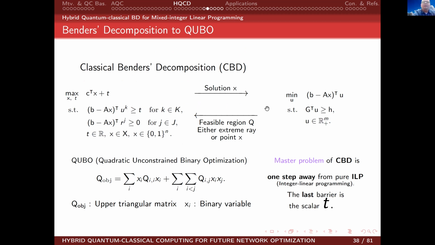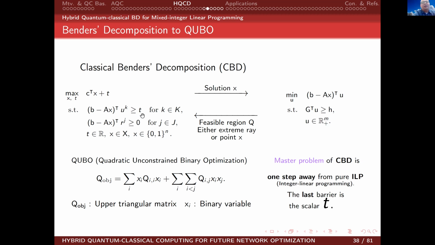The subproblem is a pure linear programming problem. We do not need to worry about that part. The challenging part is this master problem. This master problem is a mixed integer linear programming problem.